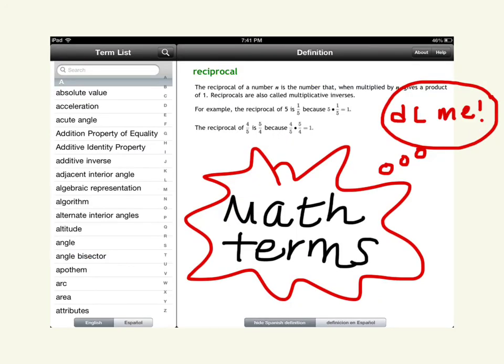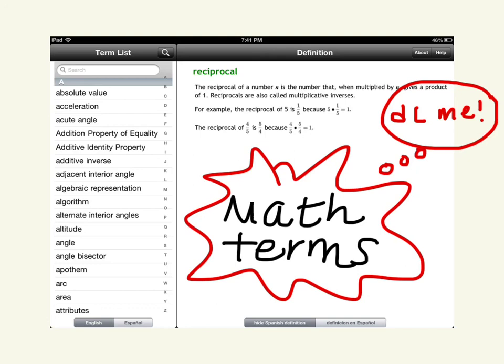Now I also checked out my favorite app. My favorite app is called Math Terms, and you should totally download it. It's free. On the left side, you'll see there's a search column, and you type in any term, click on that term, and then you're going to get some sort of a definition. This definition is kind of lame. Some of them are a lot cooler.